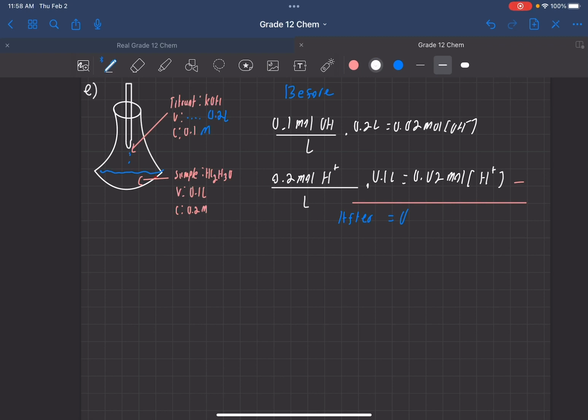However, that salt that we form is not a neutral salt. That would be the case if this was a strong titration. But this is a strong base weak acid titration, so we end up forming a basic salt, meaning that it will contribute further to the pH, increasing it. So what is that salt that we end up forming?